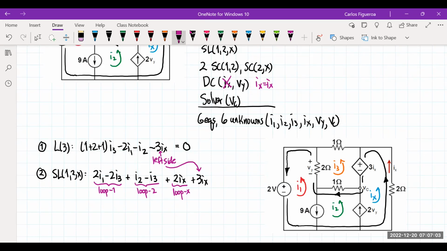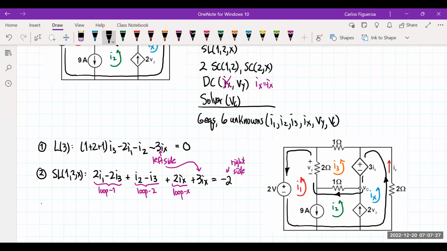But as I come around, I now come to the positive 2 volt. I need to take it to the other side, so it's positive on the left. When I take it to the right, this becomes minus 2. Again, I keep this on the right side because that's where my constants are at.